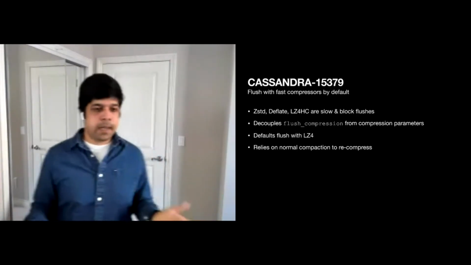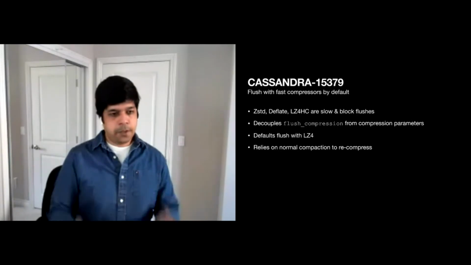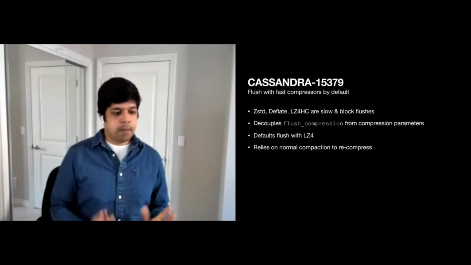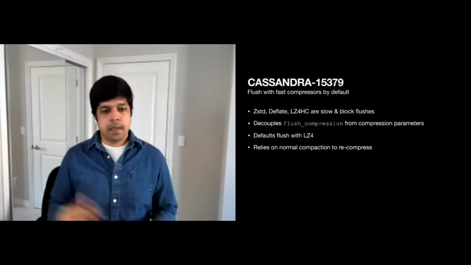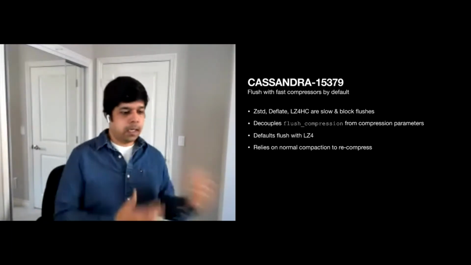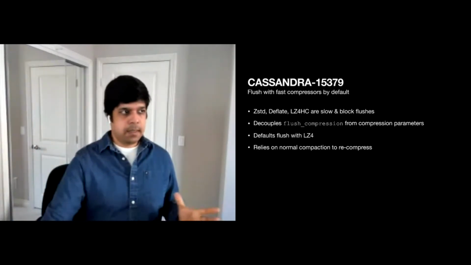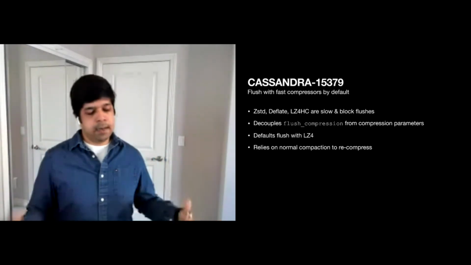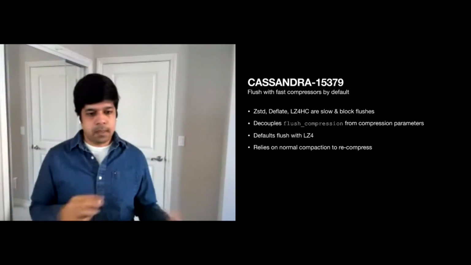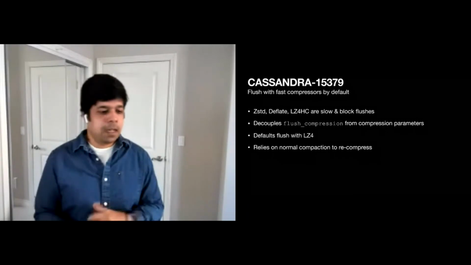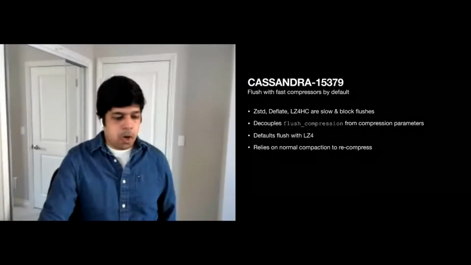So what you will see is that initially the SSTable will be flushed to disk using LZ4, but eventually when it gets compacted, it's going to get recompressed using the target compressor that you have specified. So you would see initially that the data size is higher, but then once compaction kicks in, you'll see that it reduces to a significantly lower number.